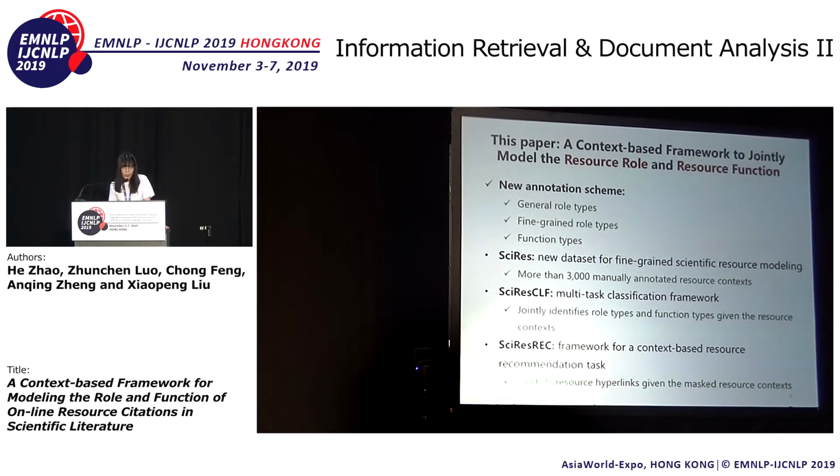Then we construct a new dataset called SunRise for fine-grained scientific resource modeling, which contains more than 3,000 manually annotated resource citations. And then we developed the SunRise classifier, a multitask classification framework that can jointly classify the role types and the function types when given the resource context.